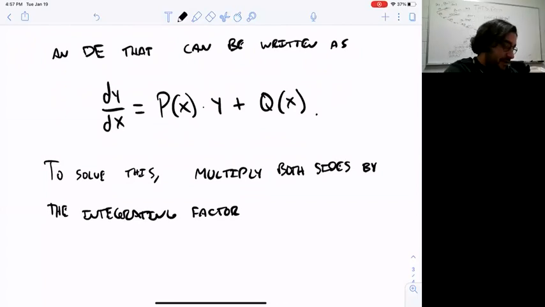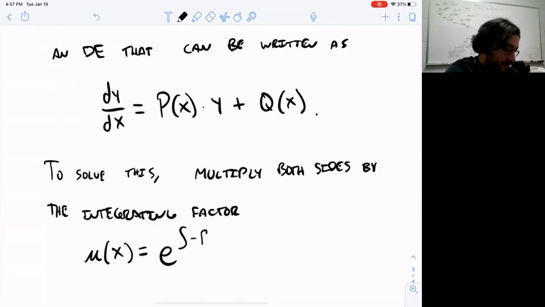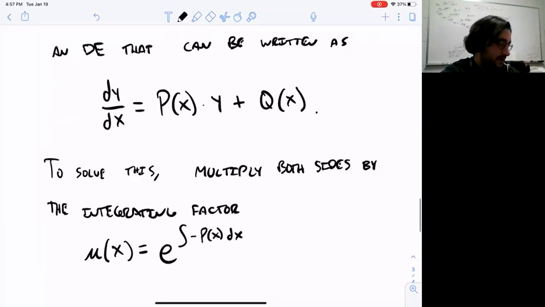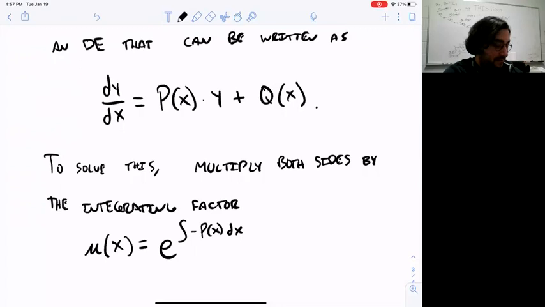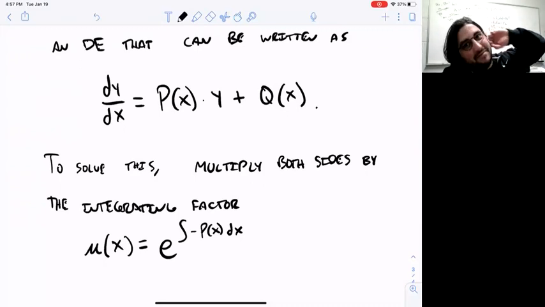So multiply both sides by the integrating factor, which often is written as mu. It's mu of x, e to the integral of negative p of x dx. I didn't show at all where that formula comes from, why that's a good idea, but you'll see in this video that it works.